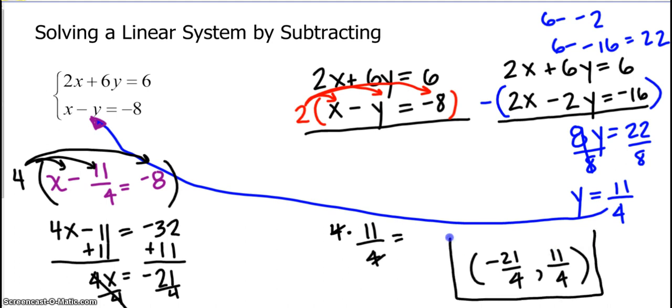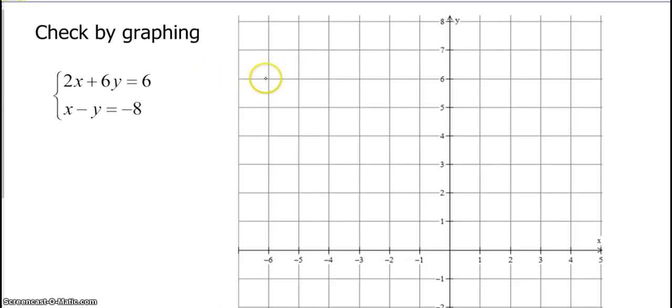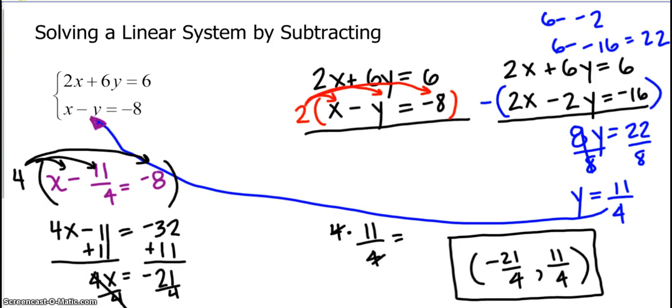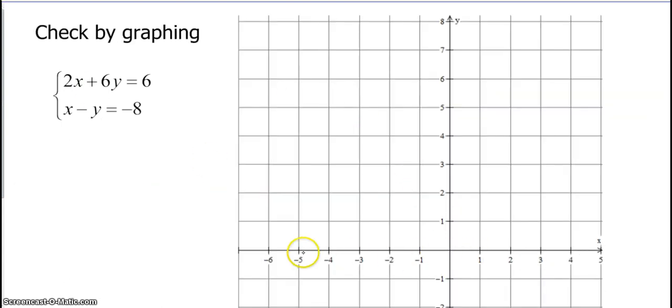Now, if we tried to solve this by graphing, we would not land on a lattice point. I'm going to pull up the graph for you and show you that we would not land on a lattice point. The reason is because we would have some fractional amount. So we would end up with an intersection point at negative 21 over 4, which is about negative 5 1/4.